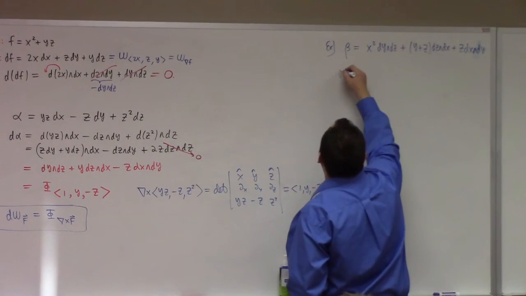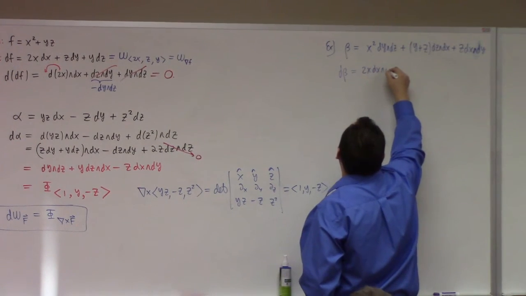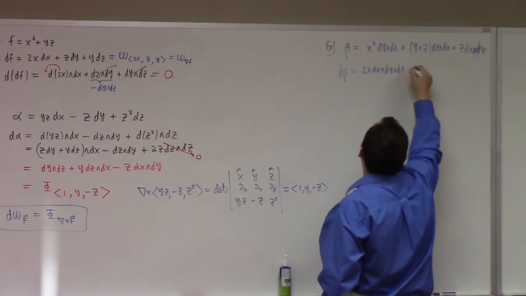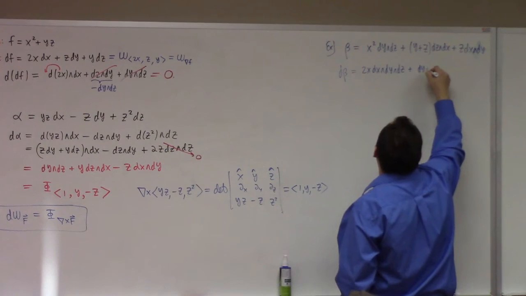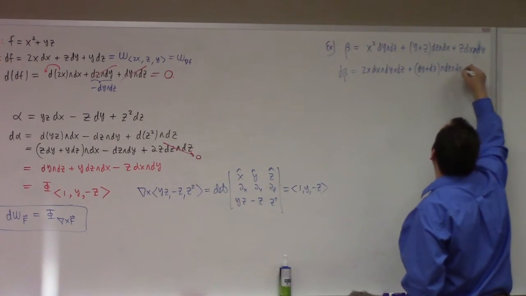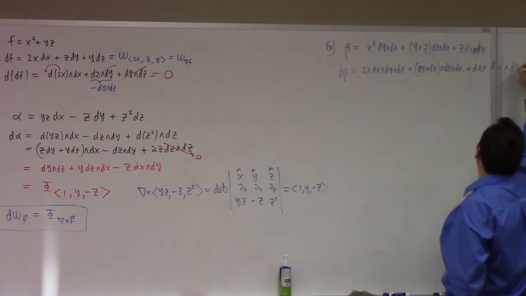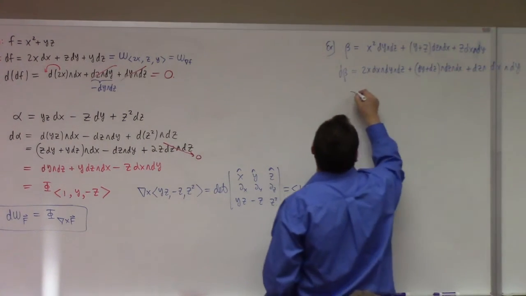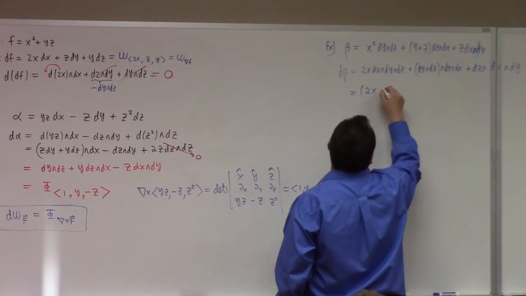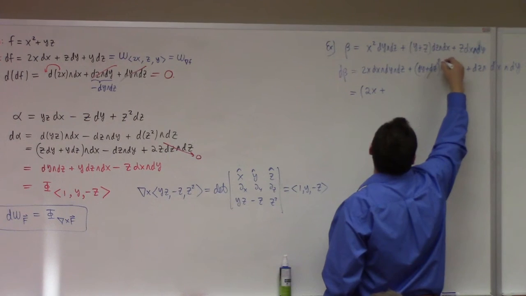So you calculate d beta, what do you get? You get 2x dx wedge dy wedge dz plus dy plus dz wedge dz wedge dx plus dz wedge dx wedge dy, which is 2x plus the z with z, this goes to 0, right?